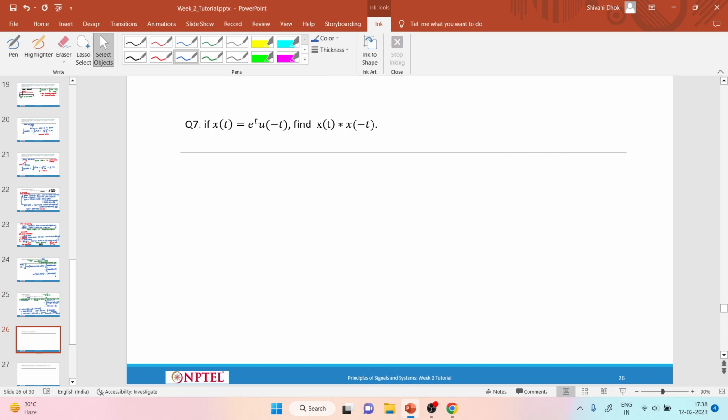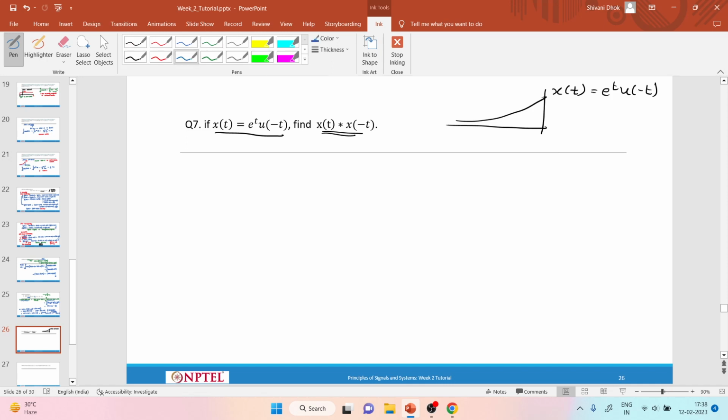Okay. Now let us look at this seventh question. What is given? We are given one signal x of t which is equal to e power t u of minus t. So the signal looks something like this. So this is x of t which is e power t u of minus t, and I need to convolve this signal with x of minus t.